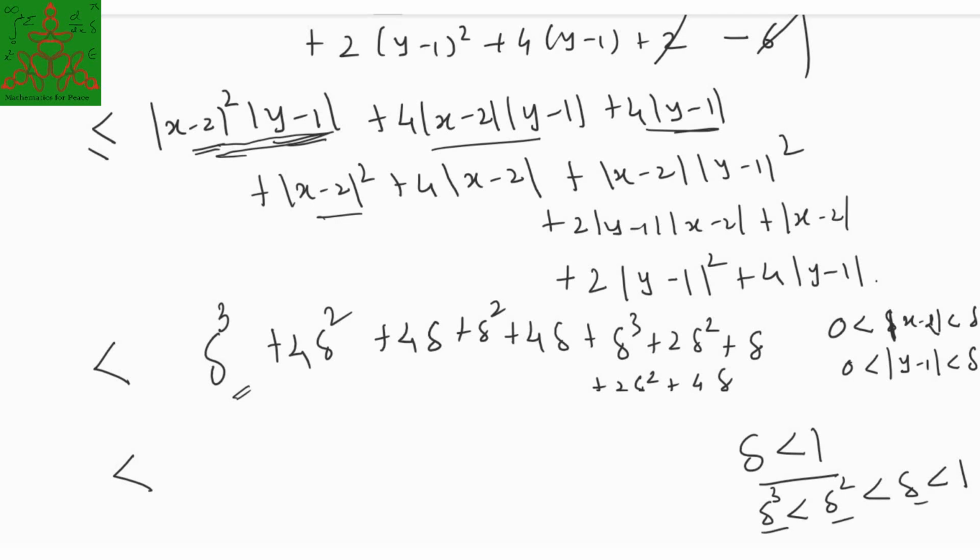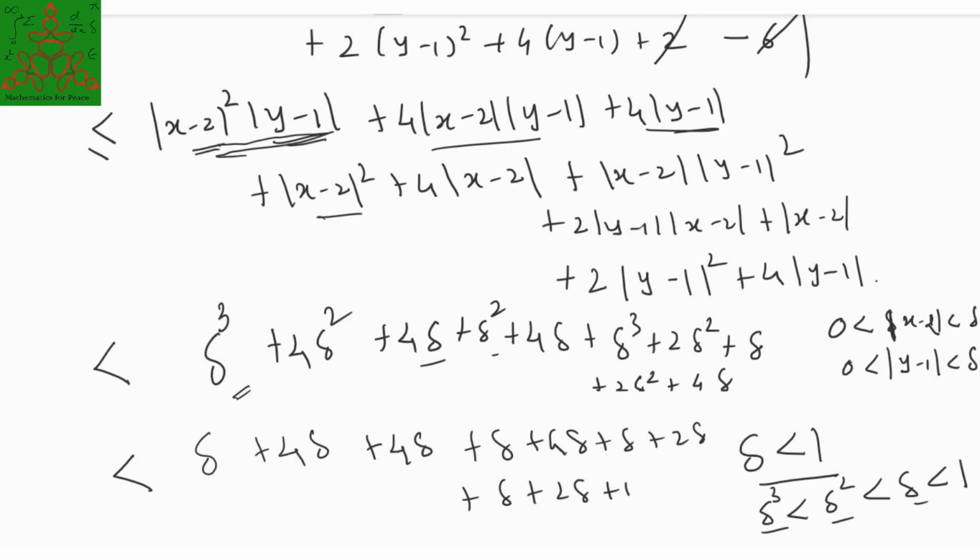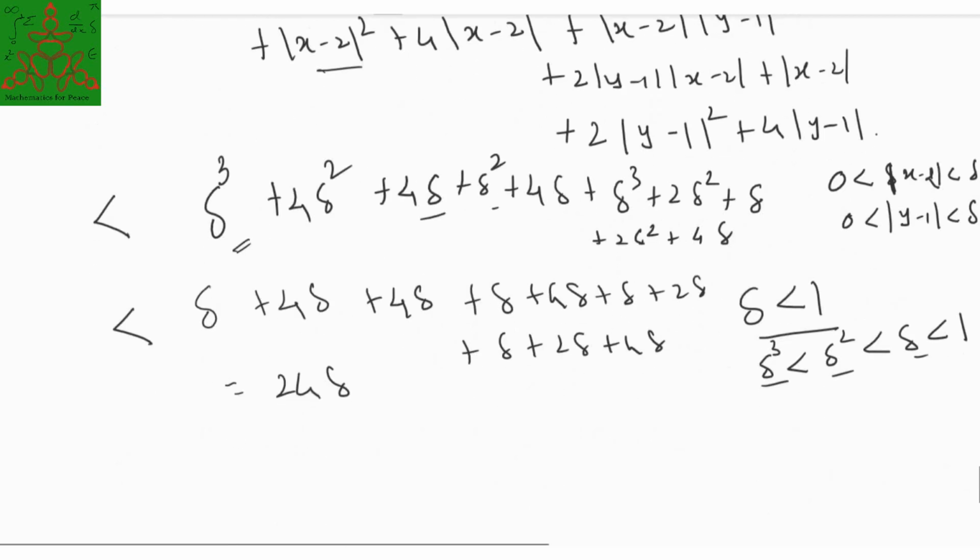Using that, this is less than delta plus 4 delta plus 4 delta plus 4 delta plus 4 delta plus delta plus 2 delta plus delta plus 2 delta plus 4 delta. So all together if you add them, this will be 24 delta, provided delta is less than 1.